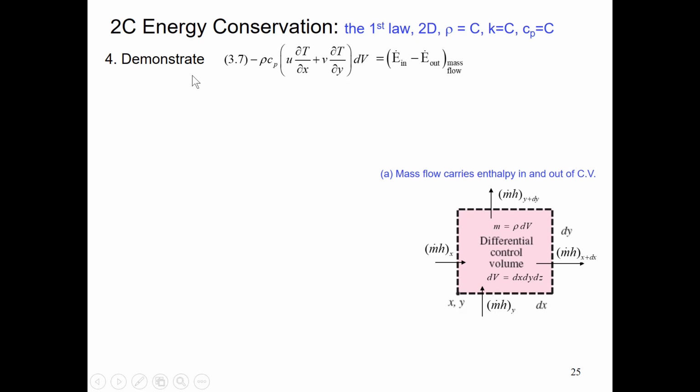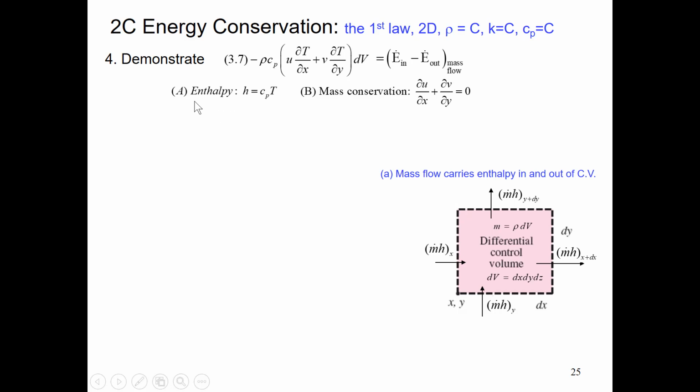We will demonstrate that the convection term in the energy governing equation represents the energy in and out of a system carried by the mass flow. This is our differential control volume dx dy dz with enthalpy rate along the boundary.